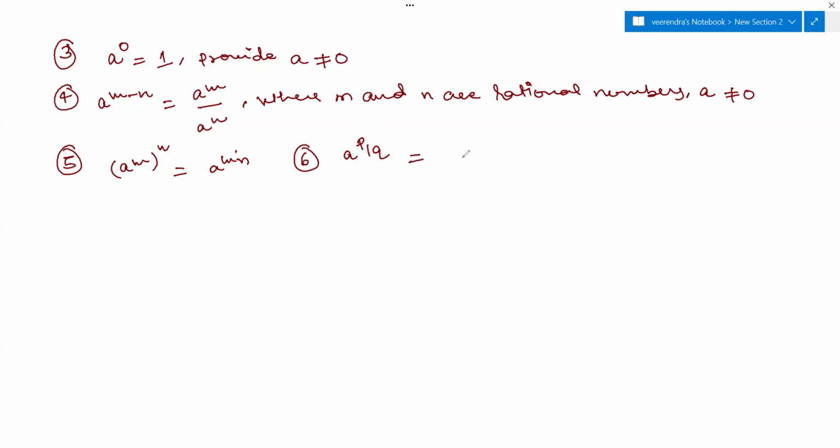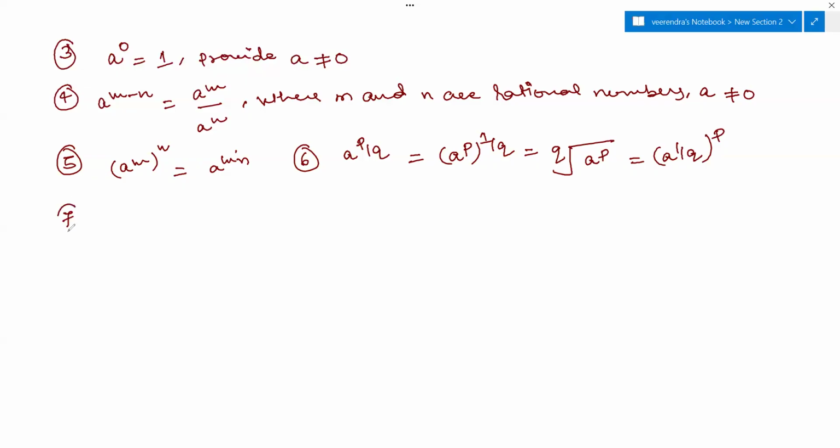So this I can write as a power p power 1 by q, which means first we are taking pth power and then we are taking qth root. So this is nothing but qth root of a power p. Okay. This can also be written as a power 1 by q to the power p.